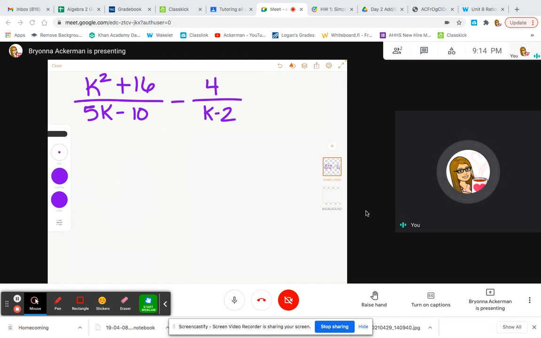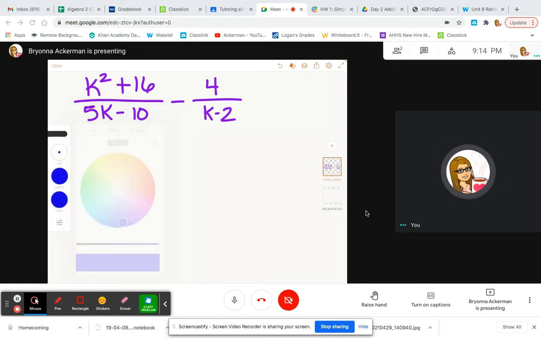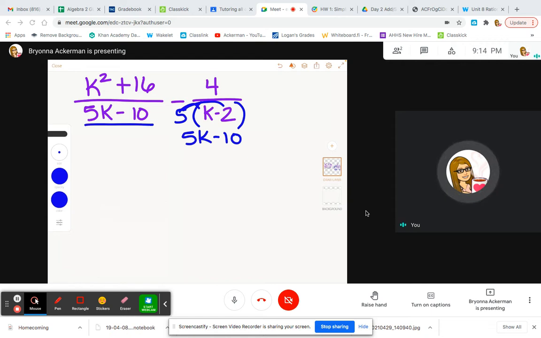In this case, we multiply the bottom right by 5. So if we take this guy and multiply by 5 and distribute, that becomes 5k minus 10. And now they match. But if I do it to the denominator, I also have to do it to the numerator, so that the fraction stays balanced.